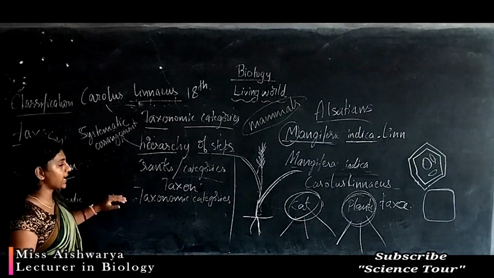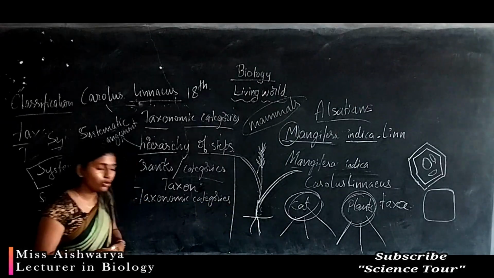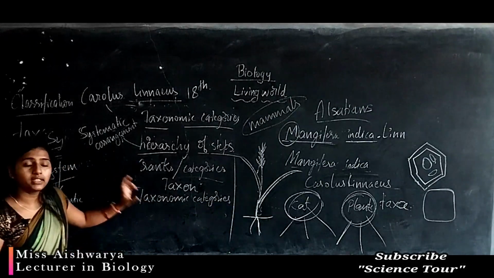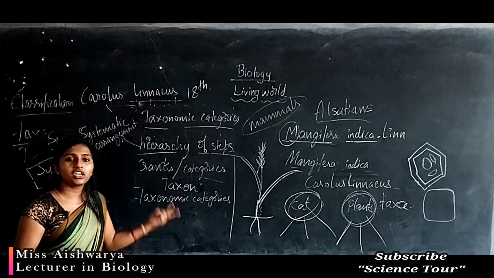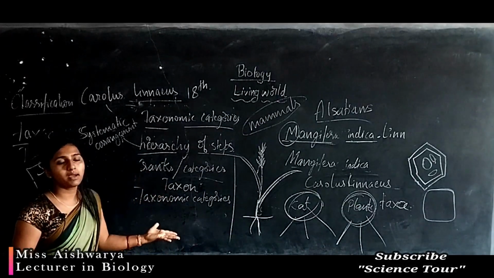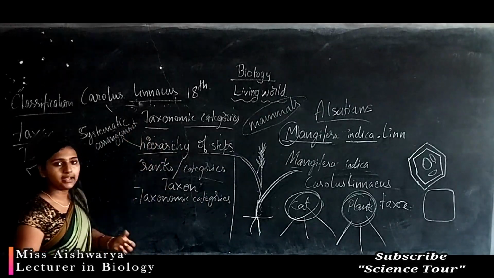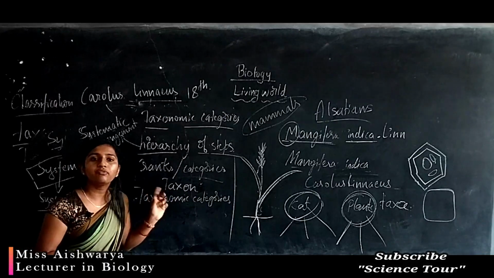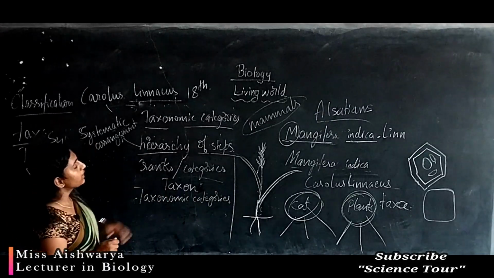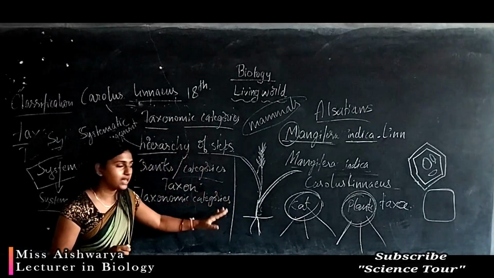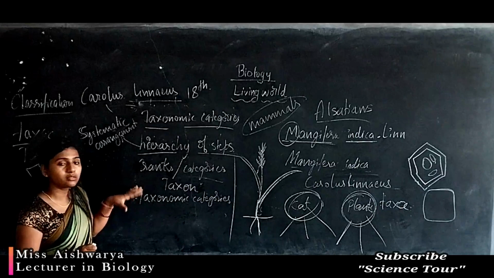So that is a very important term. All these terms, nomenclature, binomial nomenclature, classification, identification, systematics, and taxonomic category, will come for 1 mark, very important.